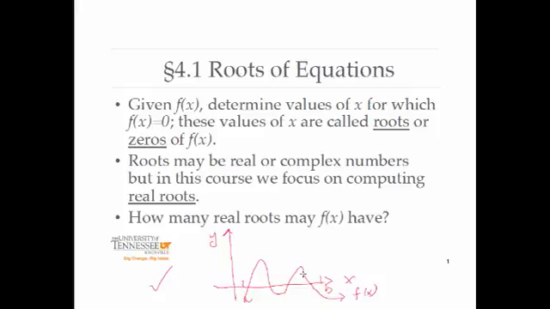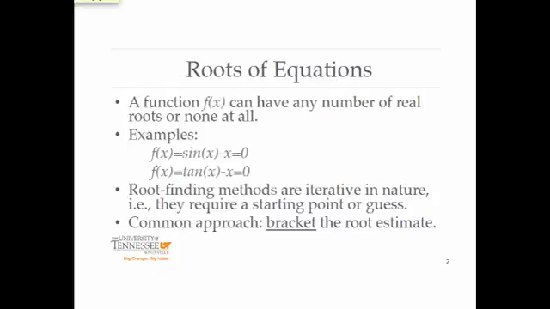Natural question is, well, how many real roots can a function have? Well, a function can actually have any number of real roots, or none at all. To illustrate that, consider these two functions here: f of x equals sine x minus x, and f of x equals tangent of x minus x. You can easily show that the first one only has one root, and that is x equals 0.